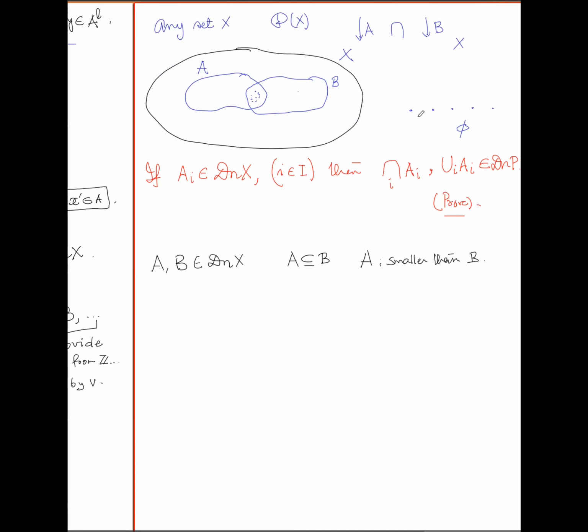Then if this is your singleton A, this is your singleton B, you club these two to get A union B. Then you have all these double things.